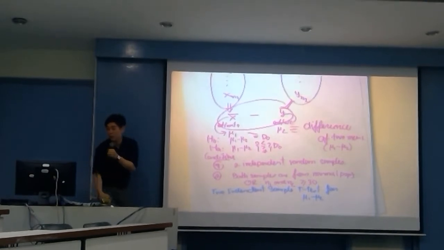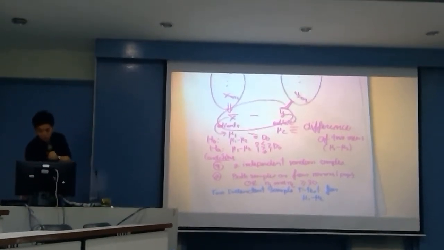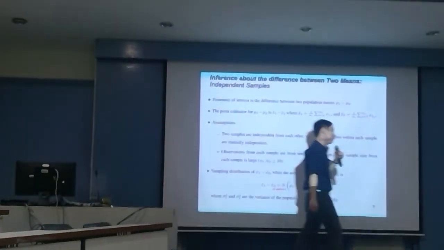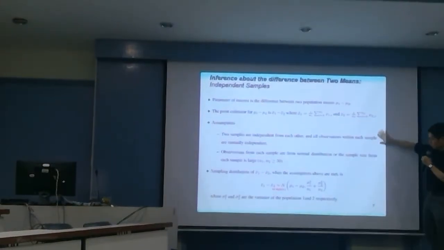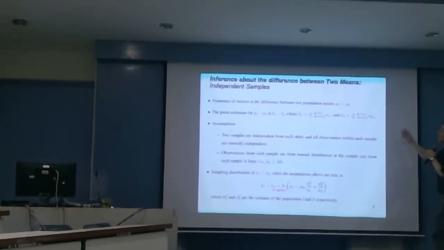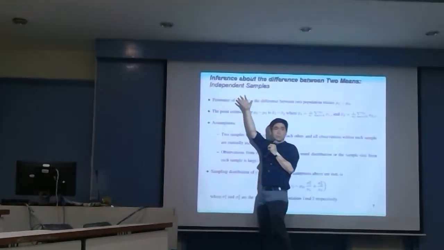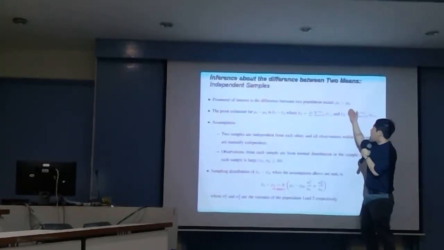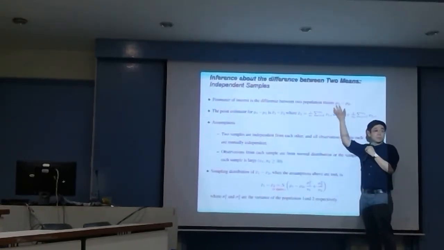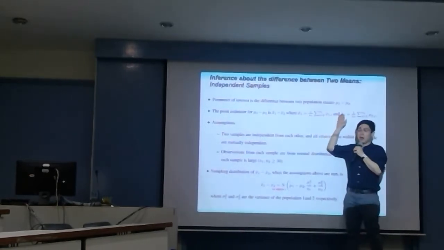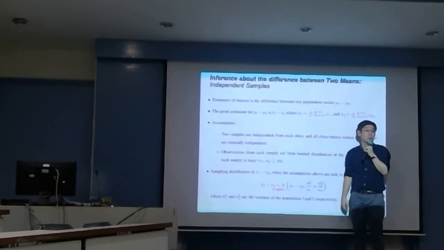Now, if we go to the sheet, let's talk about page 7. On page 7, it's talking about independent samples. Your main goal is to talk about the difference of two means. We estimate it by the x bar from group 1 and x bar from group 2.